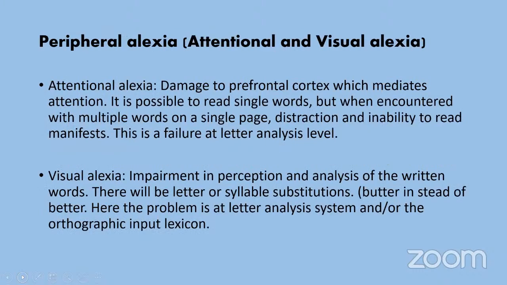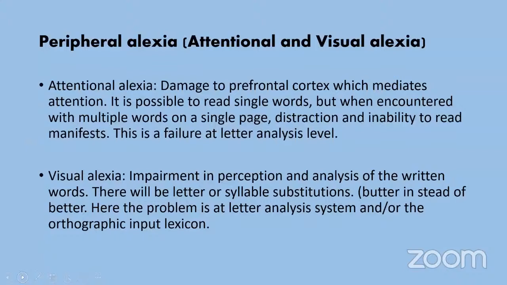The other 2 Alexias in the peripheral Alexia group are attentional Alexia and visual Alexia. The attentional Alexia is due to damage in the prefrontal cortex, which mediates attention, as we all know. It is possible to read single words, but when encountered with multiple words on a single page, distraction and inability to read sets in.